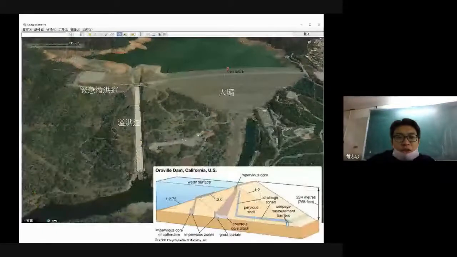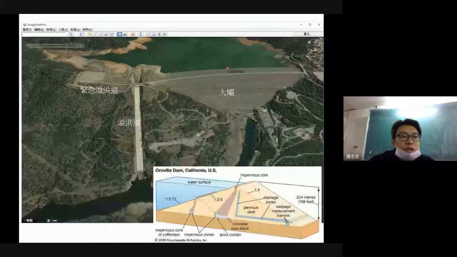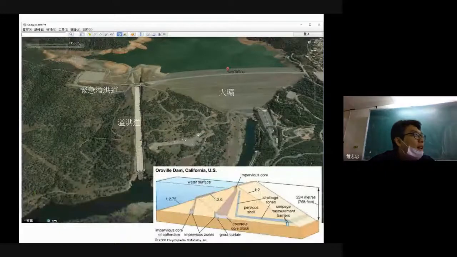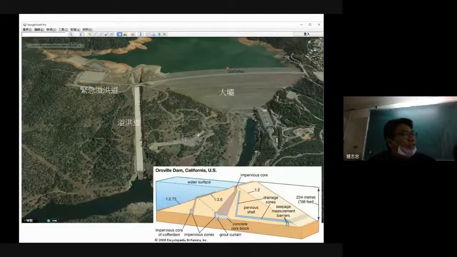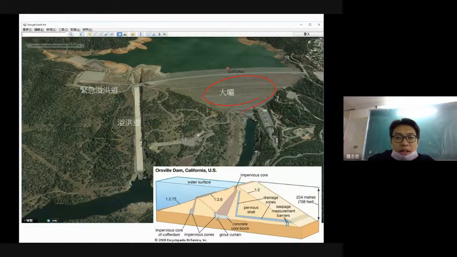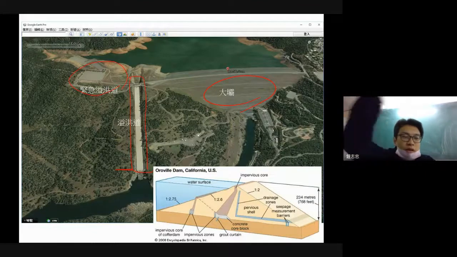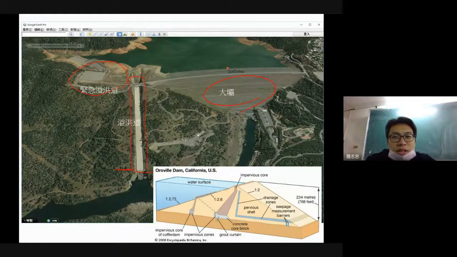This is the picture I found from Google Earth Pro. I think Google Earth Pro is a very good tool if you want to have some quick images before you make a plan. So this is the earth dam, the spillway, and as I said, this is the emergency spillway using natural overtopping.